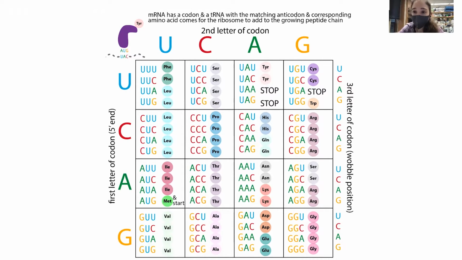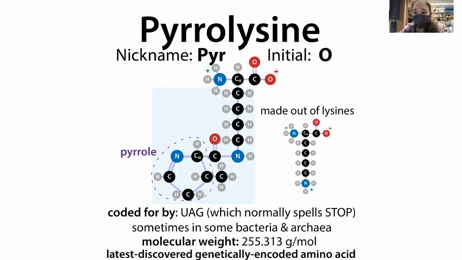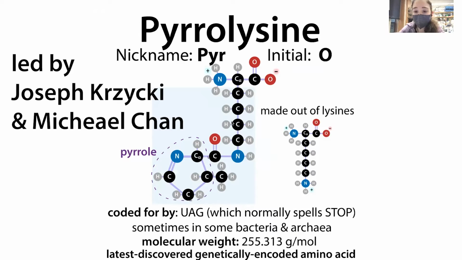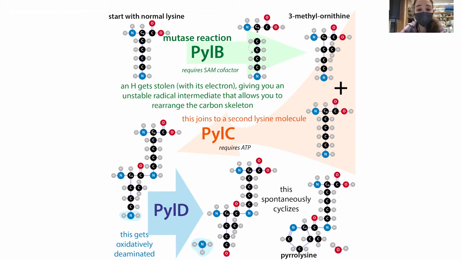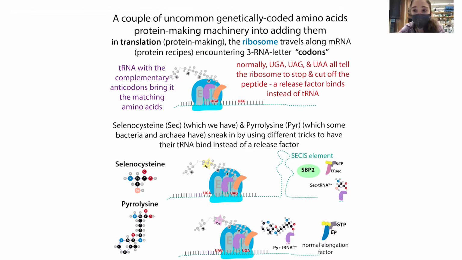It was putting in an amino acid that had never been seen before, which turned out to be a molecule called pyrrolysine. Then, in some really cool experiments that I'll show you a little more later, they figured out that it was actually made out of lysines.